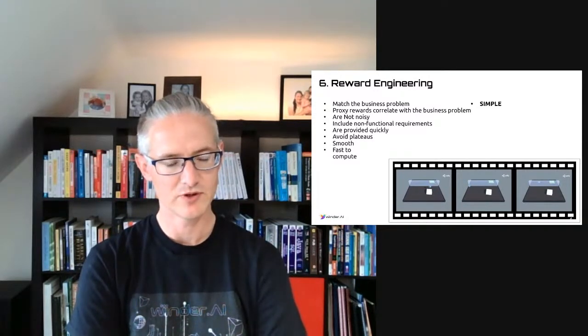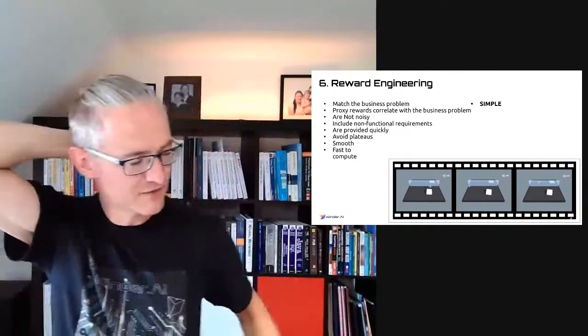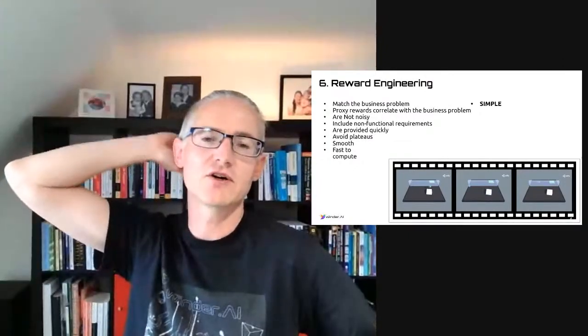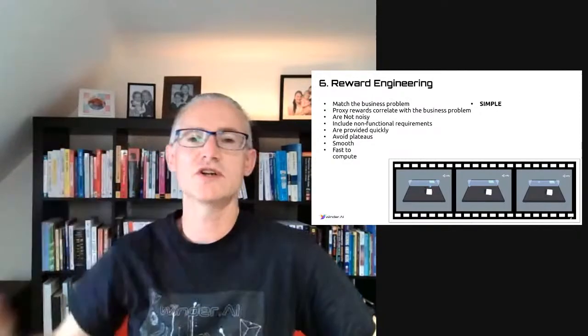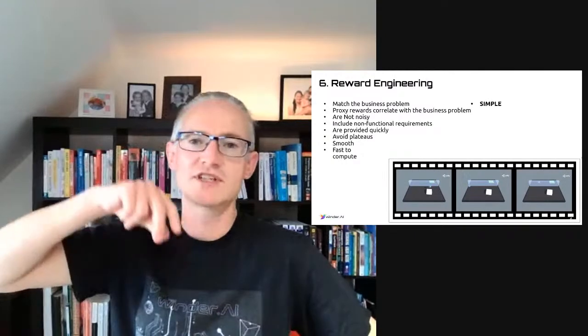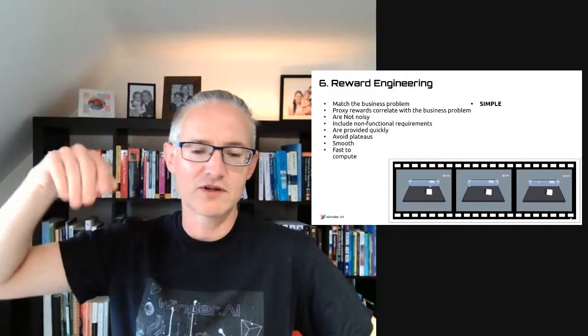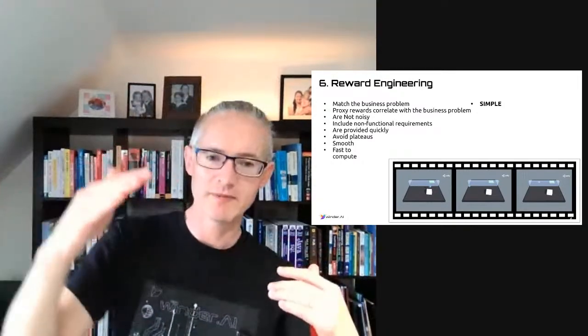What else is important in there? I think the plateaus one is quite generally applicable, but it's sometimes quite hard to spot when you're working in the business domain. It's quite easy to see when you're working in a toy domain. By plateaus, what I mean is, if you imagine that the goal, the reward, is climbing up a mountain.